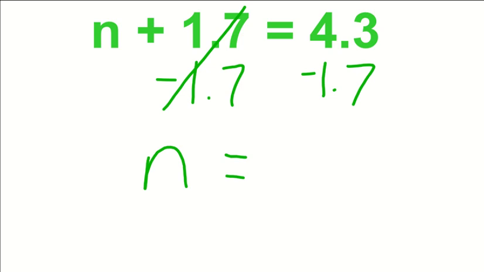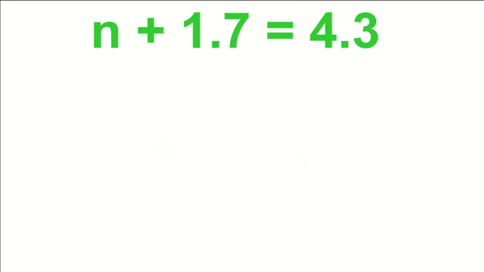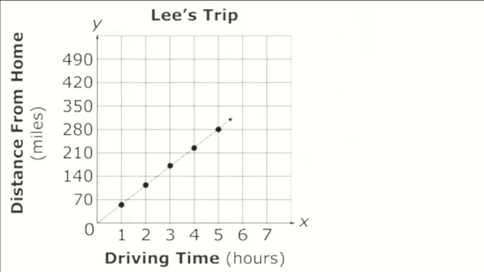This side, you just do your subtraction. When subtracting decimals, just make sure to line up your decimals. We borrow, 13 minus 7, 6. Decimal comes straight down. 3 minus 1 is 2, so we got 2.6. Any questions on that one? You're going to see a couple equations on your test.